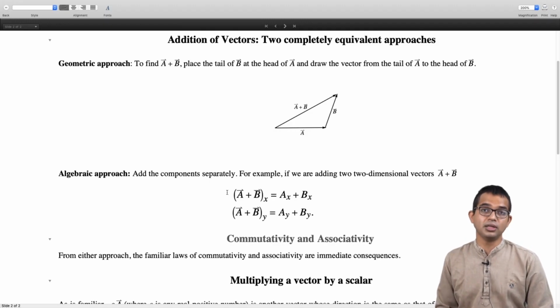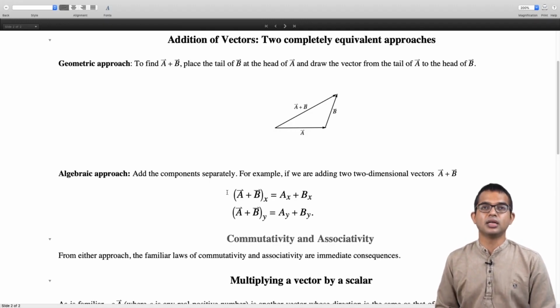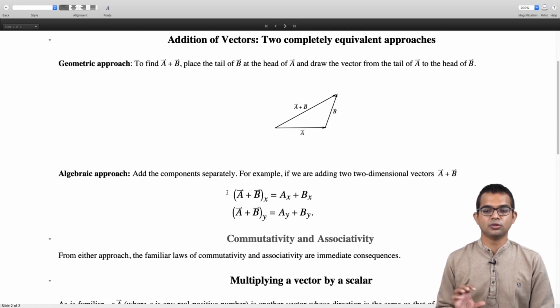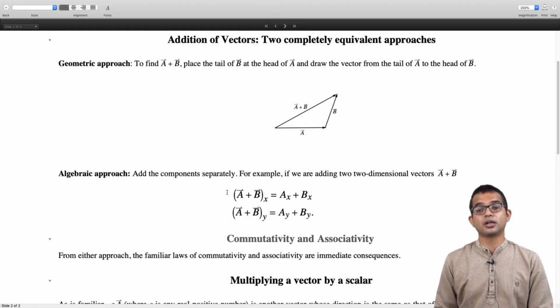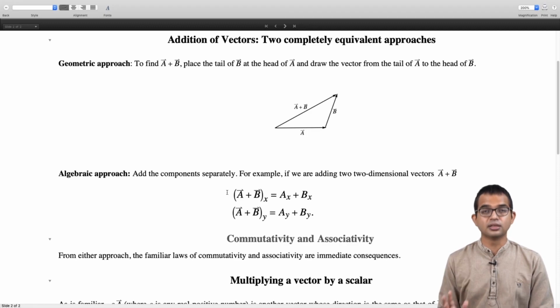Associativity means if you're adding three vectors A plus B plus C, it doesn't matter where you put the brackets. You could put the brackets so that B plus C is added first, and then you add A to it, or you could think of it as the addition of A and B first, with brackets around A plus B, plus C. It doesn't matter in which order you do this operation, you're going to get the same answer.